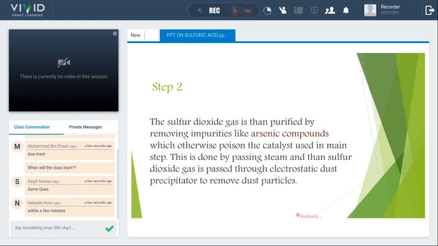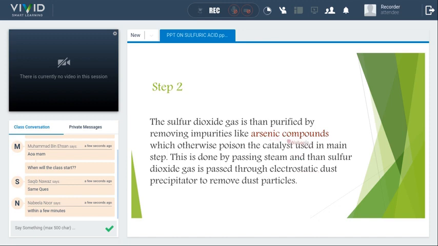In the next step, sulfur dioxide gas is purified by removing impurities. Actually, students, in step three, you will see that sulfur dioxide will be oxidized to form sulfur trioxide, and a catalyst is used, that is vanadium 5 oxide. Before sulfur dioxide is oxidized to sulfur trioxide, it is first purified.